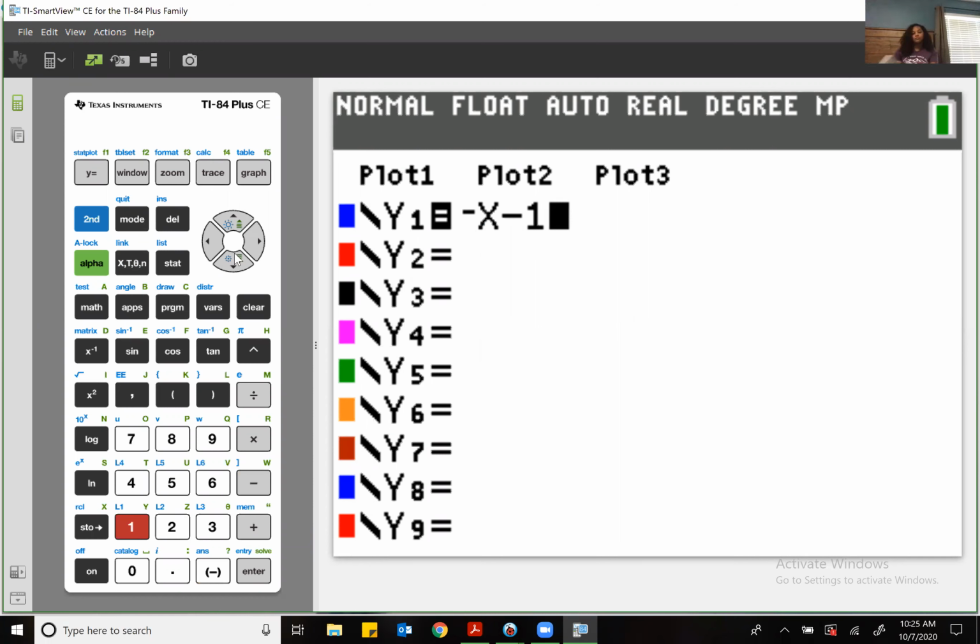Okay. Then I'm going to scroll down. And how do I put in the fraction 1/2? How do we put in the fraction 1/2?